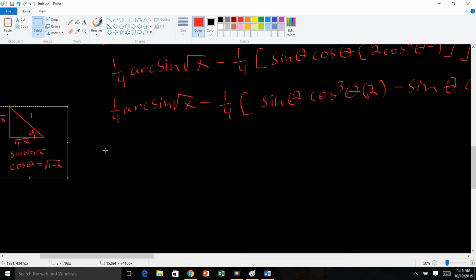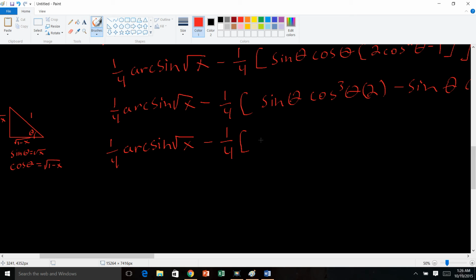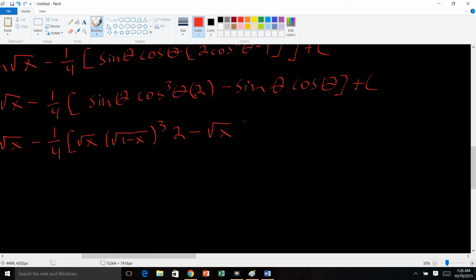So we go, oh my gosh, 1/4 arc sine square root x minus 1/4 sine theta, which is root x, cosine cubed theta, which is 1 minus x cubed, all this is times 2, minus root x times root 1 minus x, plus c.